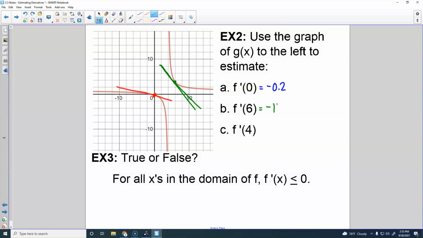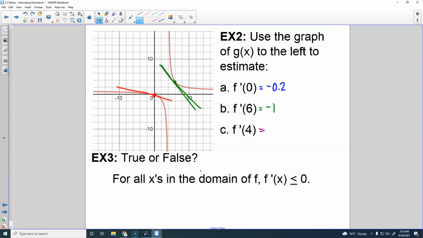We're just guessing. So again here, it must be negative. You can see it is a little steeper than my red line here, so make it bigger than that. Like if you guessed negative 3/4, that'd be okay. If you guessed negative 1.5, that'd be fine. Negative 3/2, something like that. So it's just a guess for these.